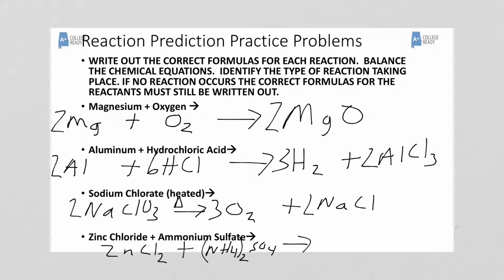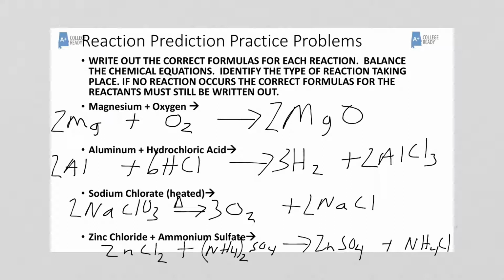So we're going to switch zinc over with sulfate. Zinc is a 2+ ion, sulfate's a 2- ion. So that's zinc sulfate. And then we're going to get ammonium ion with chloride. Ammonium is 1+, chloride is 1-, so NH4Cl.